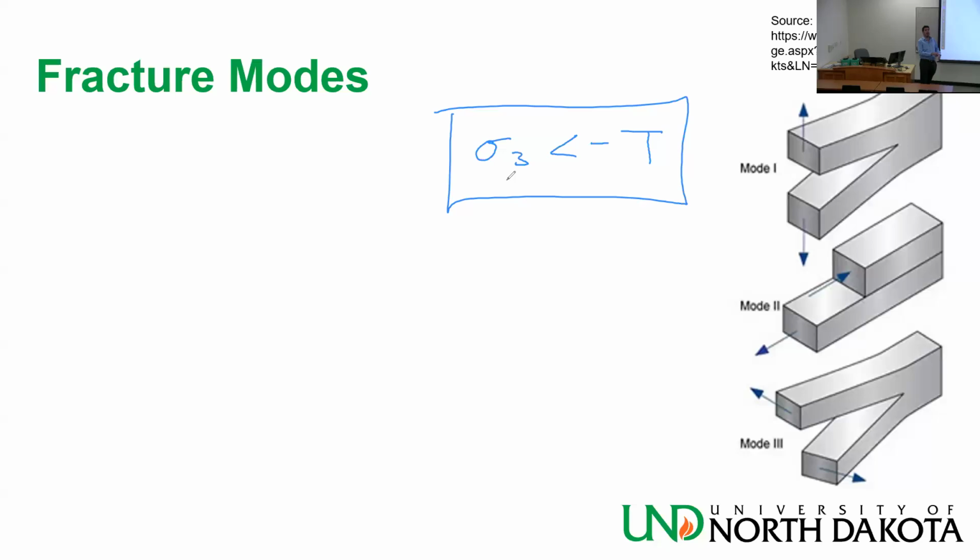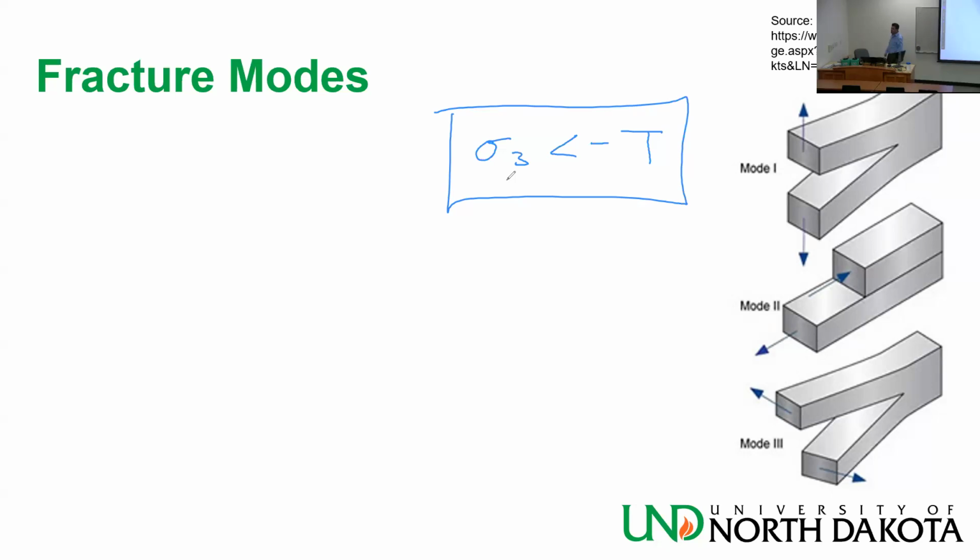Maybe you have different kinds of stresses. And that's true, but it's coming later. We're going to talk about the near wellbore stresses, which is a different set of stresses in cylindrical coordinates. That is the tensile failure criterion for mode 1 fractures.